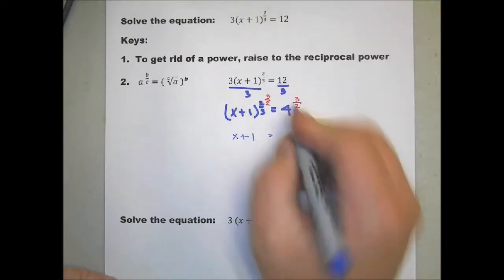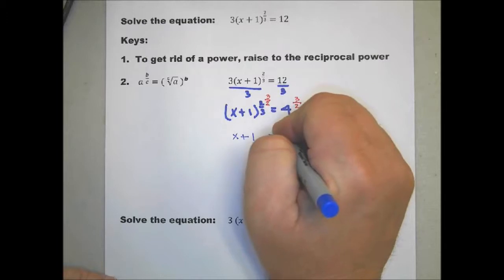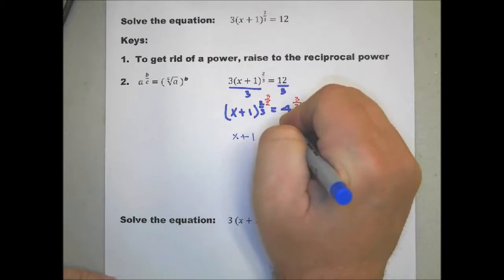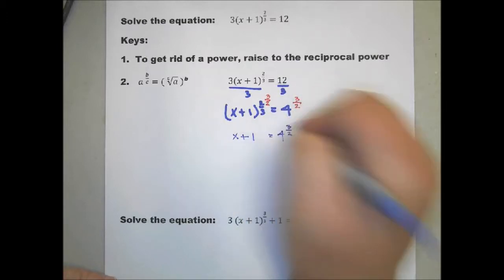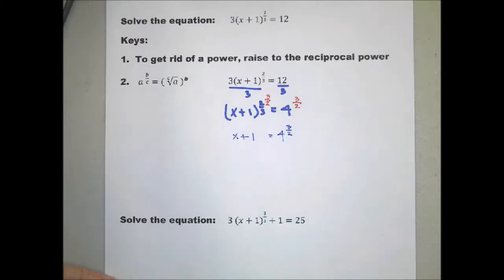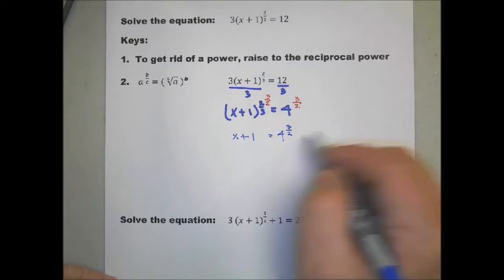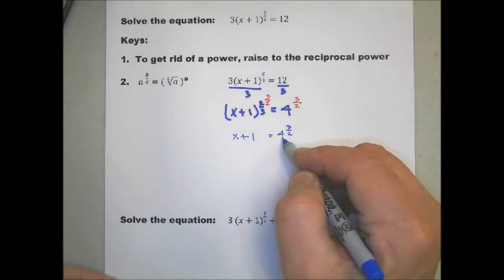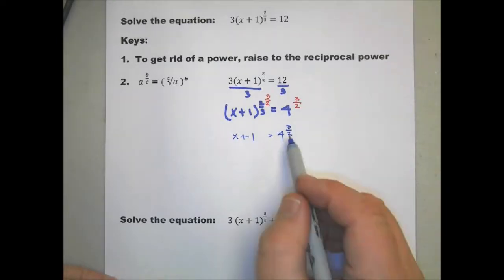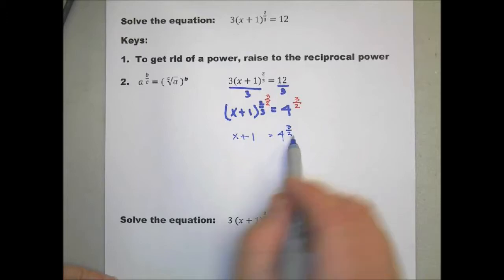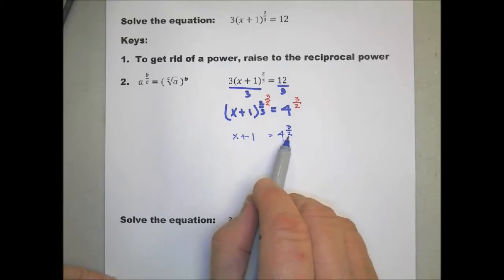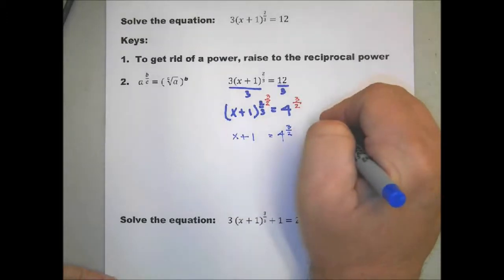So over here, we need to figure out what in the world is 4 raised to the 3/2 power. So over on the side, I'm going to simplify. 4 to the 3/2 power is the square root, because remember the denominator of the fraction is the index of the radical.